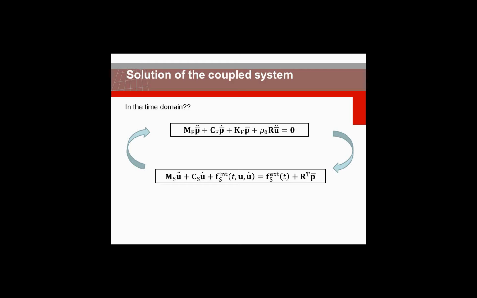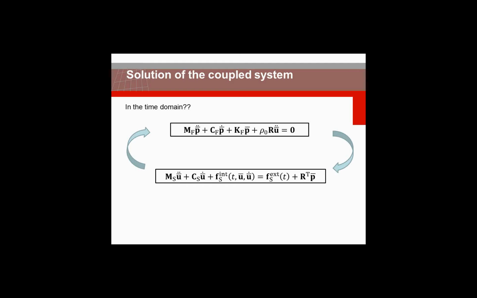If we didn't have this term that depends on another variable different from the one of the domain, we could use the Newmark or the Euler or the Hughes-Taylor method, but in this case it's not possible to do it directly.